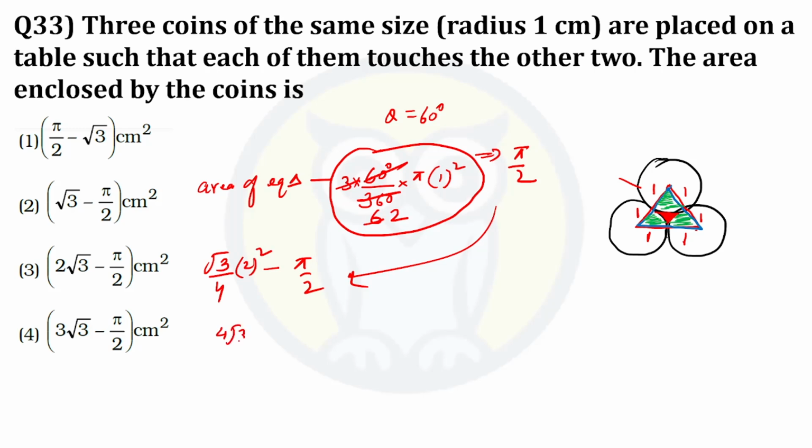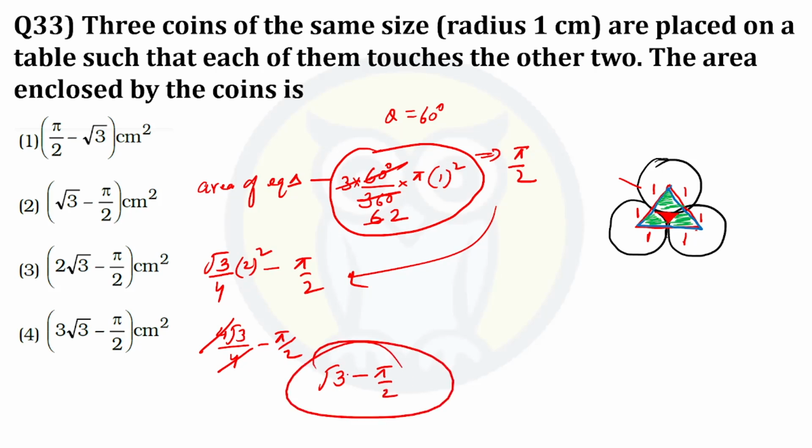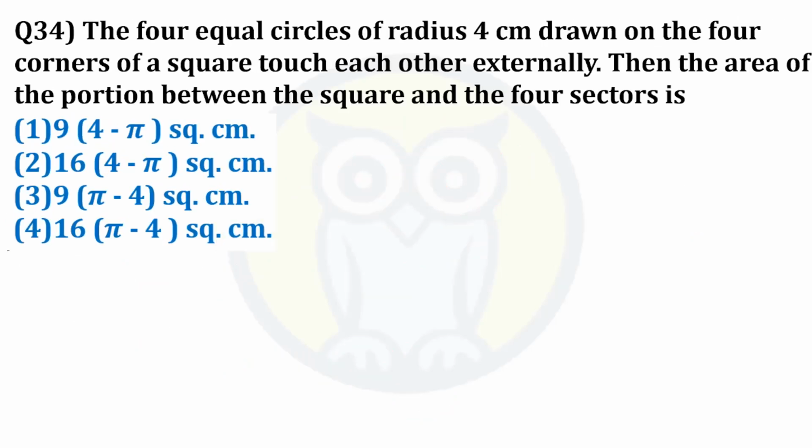So 4 root 3 by 4 minus pi by 2, the 4 cancels, and we get root 3 minus pi by 2. Be careful, there is a chance of confusion here. Root 3 minus pi by 2, option B, is the correct answer.